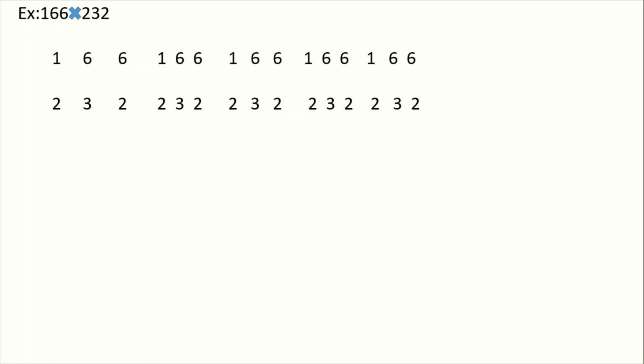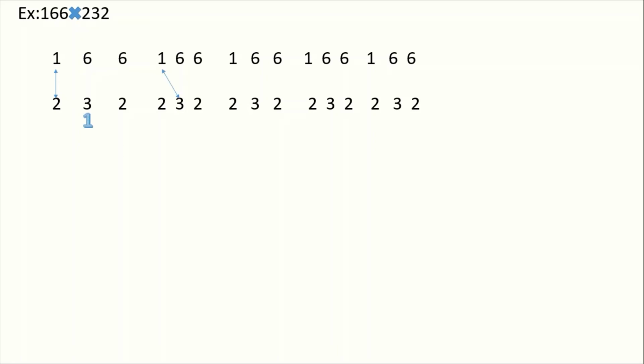I have considered the example 166 multiplied by 232. For the first compartment, we multiply the numbers in the hundreds place.